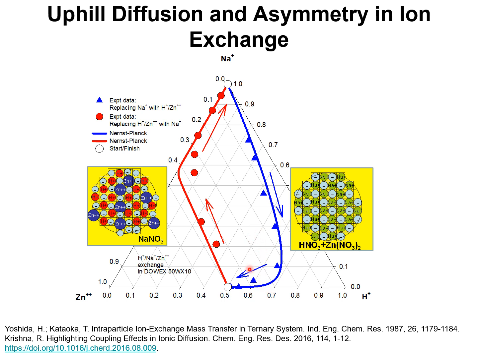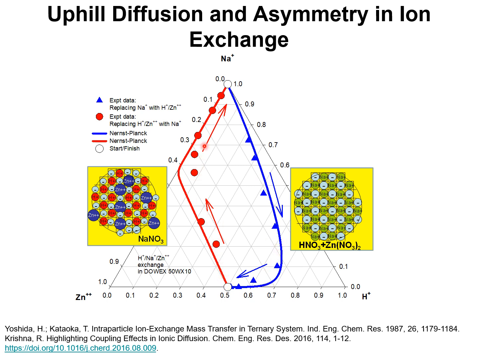It is noteworthy that the trajectory followed here, shown in blue, when the ion exchange particle is initially loaded with sodium, exhibits an overshoot in H+, whereas the reverse equilibration, in which the particle is initially loaded with a mixture of Zn2+ and H+, follows a completely different path that is not symmetric with the blue path.